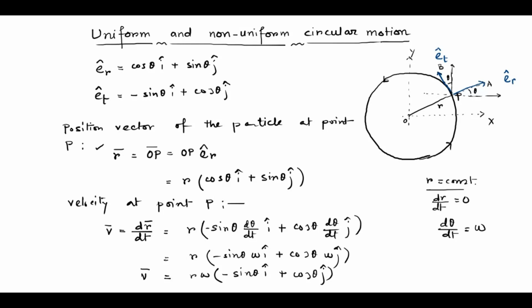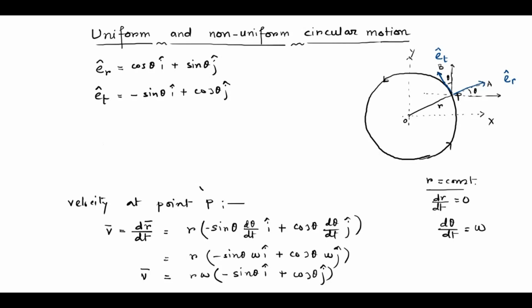So I can write the V vector equal to R omega times minus sin theta i hat plus cos theta j hat, or R omega ET.